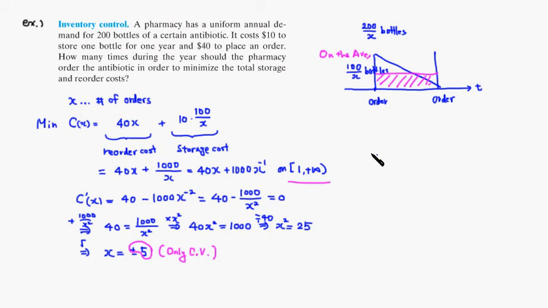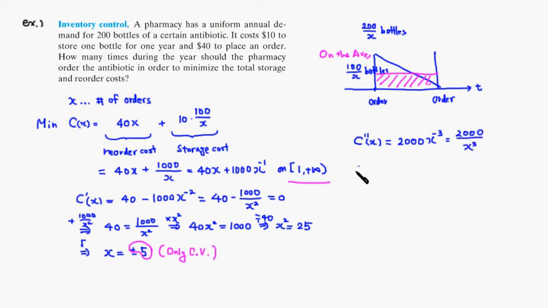So we're going to take the second derivative and do a second derivative test. C double prime of x is equal to the derivative of this guy right here. The derivative of 40 is 0, and the derivative of negative 1000 x to the negative 2 is 2000 x to the negative 3, which is just 2000 over x cubed.